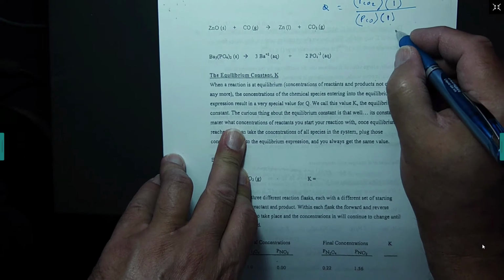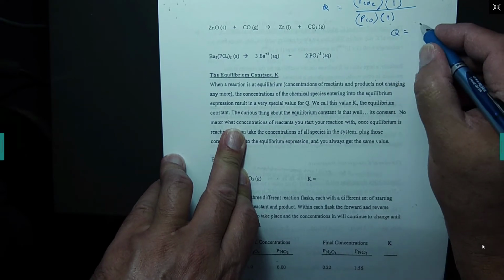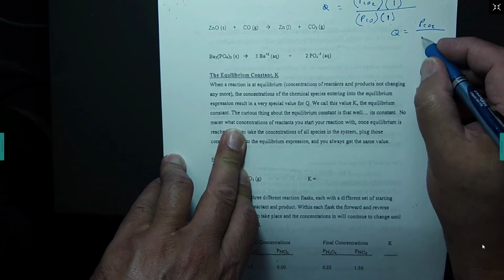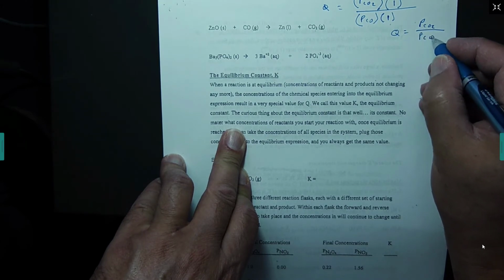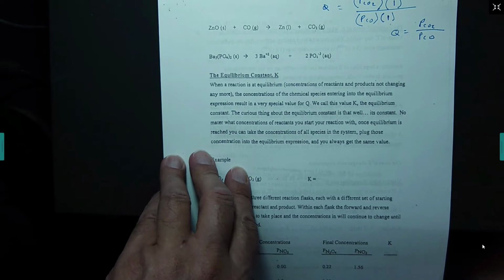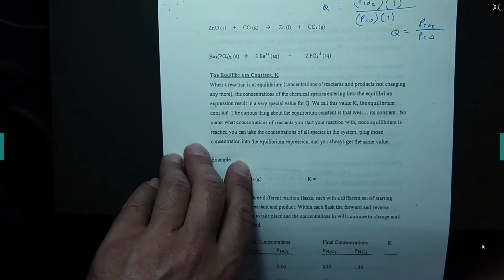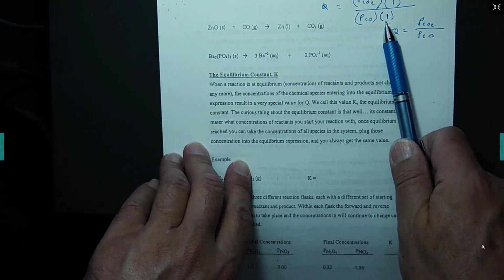So basically for this one here, Q is going to be the partial pressure of the CO2 all over the partial pressure of the CO. Again, liquids and solids don't really count. You treat a liquid or a solid as just being the number 1.